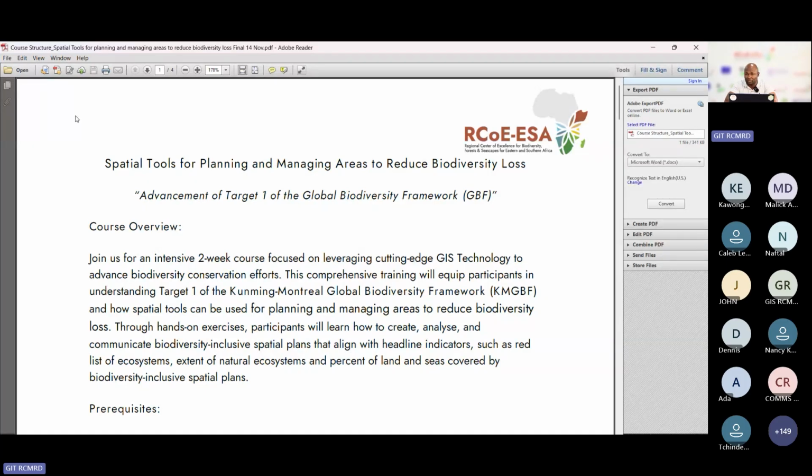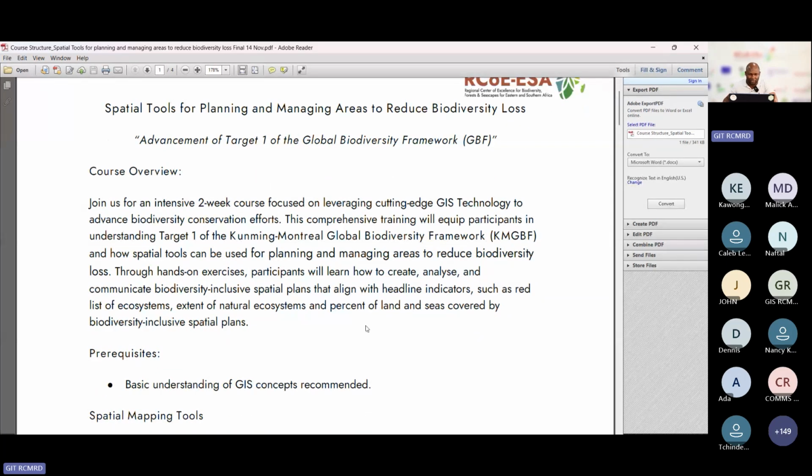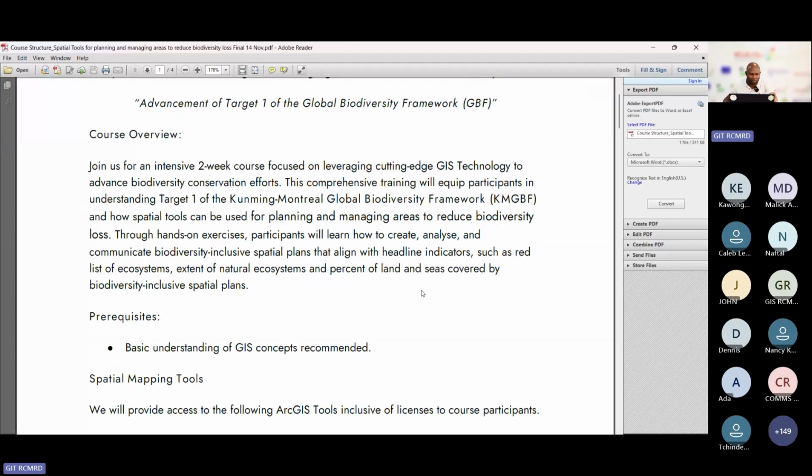We are looking at Target 1 of the KMGBF, which deals with planning and managing areas for purposes of reducing biodiversity loss. Within this course, we'll be having theories, then we'll also be doing hands-on activities towards enhancing spatial planning for purposes of enhancing biodiversity conservation and reducing loss.